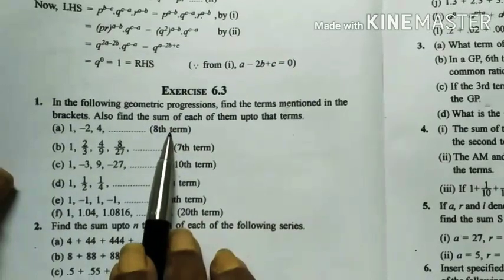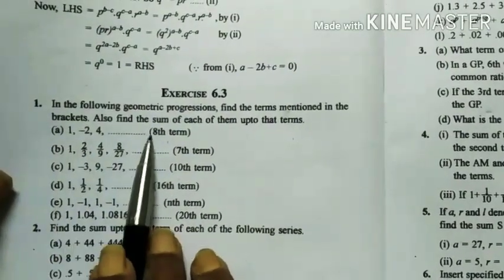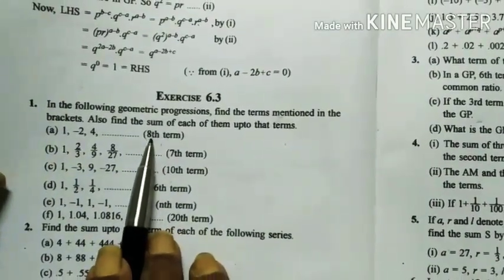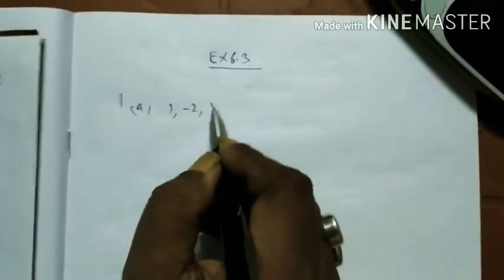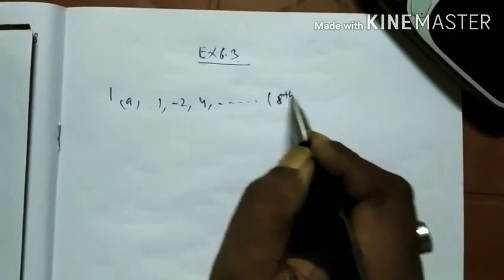That means there are 2 questions in each set. One, you have to find the nth term, the nth meaning 8th term, and other, you have to find S8. So 1a: 1, minus 2, 4, dot dot dot, 8 terms.